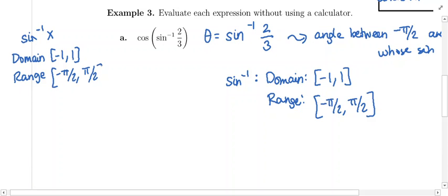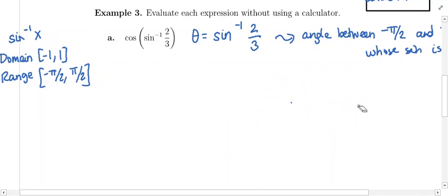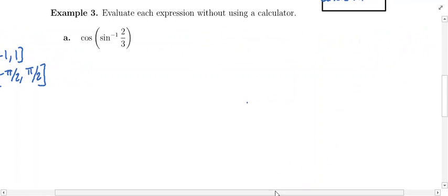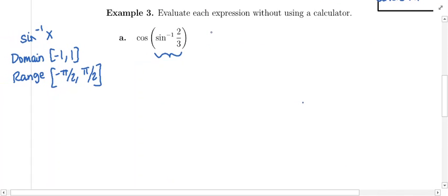Now I am going to erase this, and we're going to begin anew. We're beginning with the quantity in parentheses. I am going to call that theta.